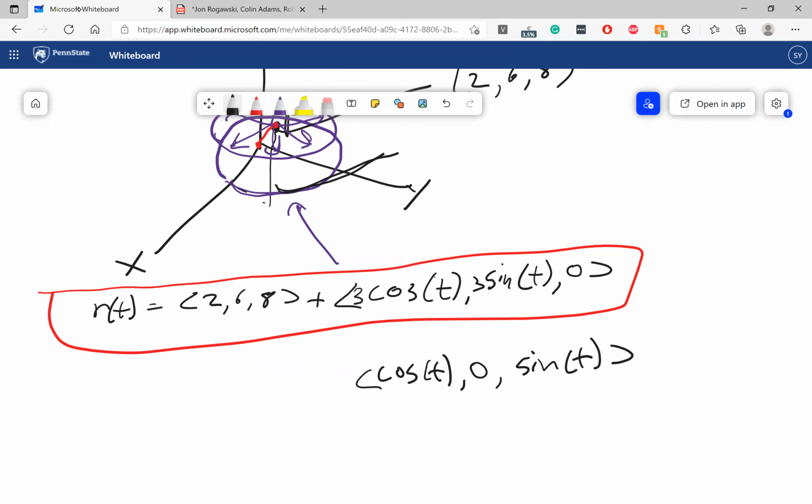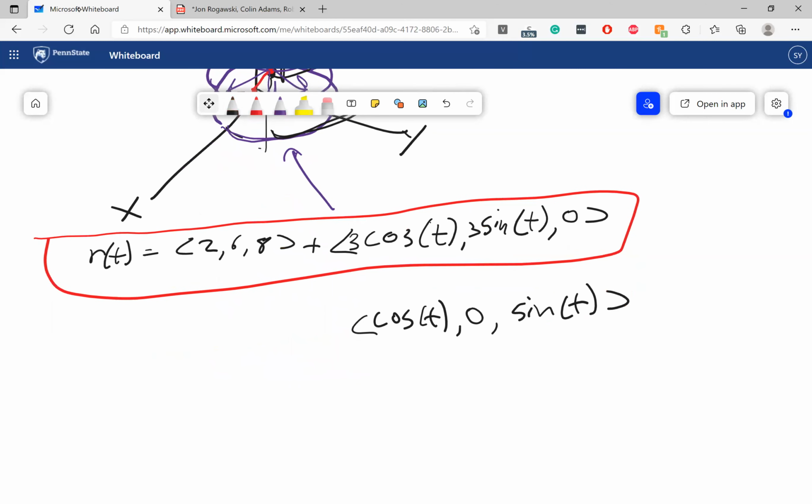So now this is a circle with radius 1 centered at 0 in the XZ plane, right?